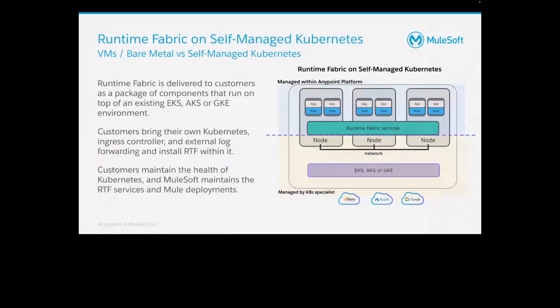So let's try to understand what is a self-managed Kubernetes. In case of a self-managed Kubernetes, your Kubernetes is actually provided by your cloud provider, right? So here it could be Azure, AWS, or Google. They provide you the Kubernetes services. So we leverage EKS, AKS, and GKE.